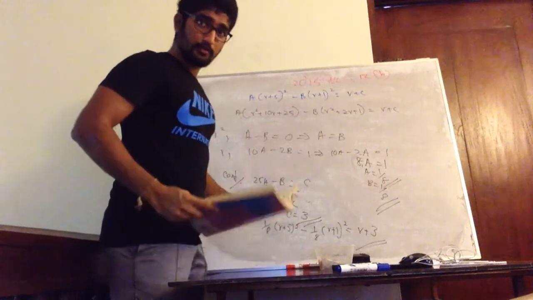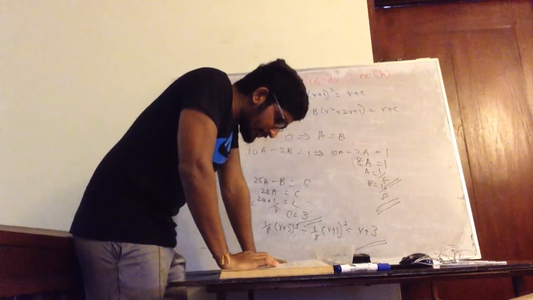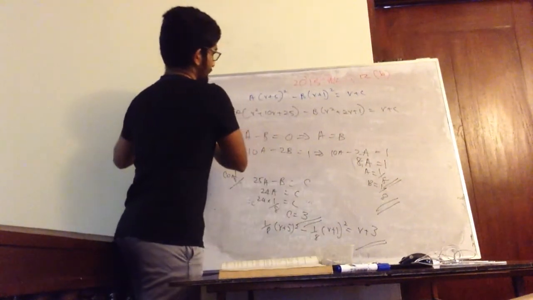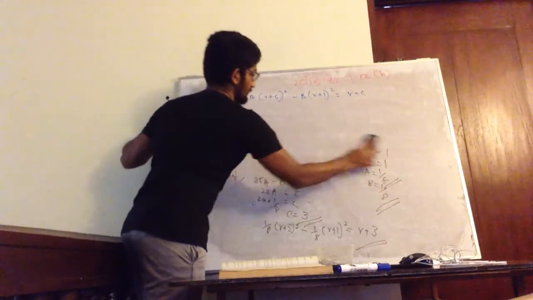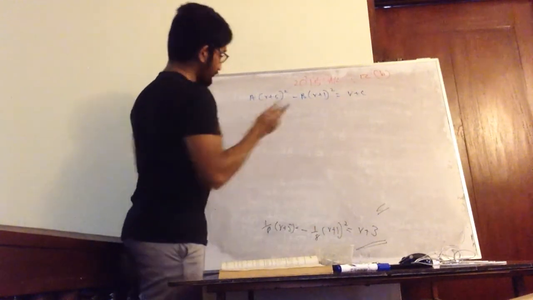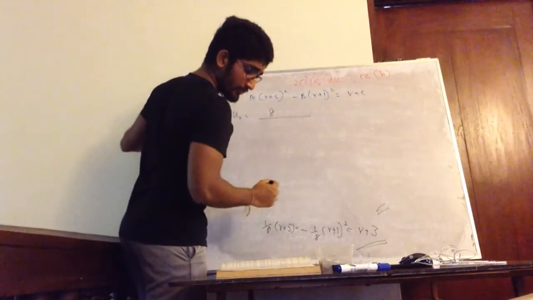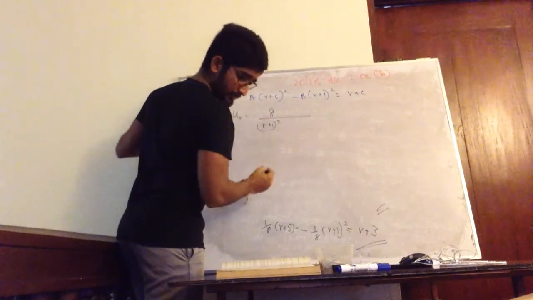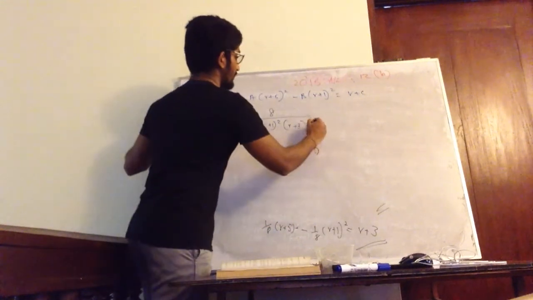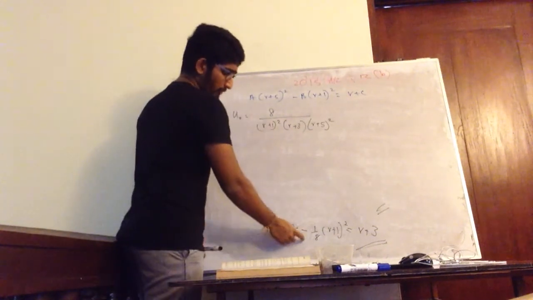Right, then what are they saying? They are saying, hence show the given u_r term as 8 times (r + 1)²(r + 3)(r + 5)².